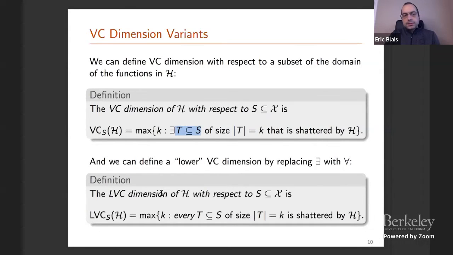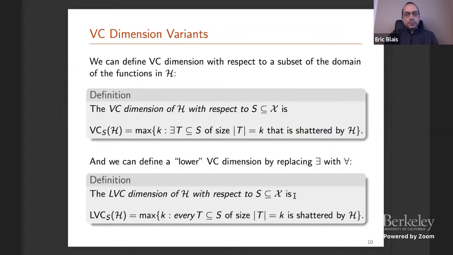Once we have this, I only want one more definition, which I don't think has a name in the literature. So we're going to call it lower VC dimension, just because it always takes a lower value. It's bounded above by the VC dimension. What I want to do is take the exact same definition of VC dimension, but replace the "there exists" symbol with "for all."